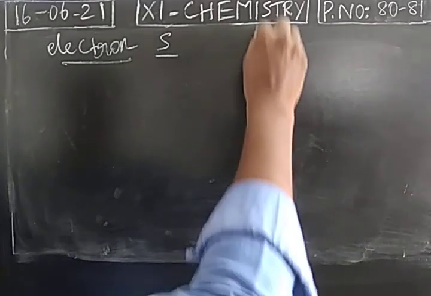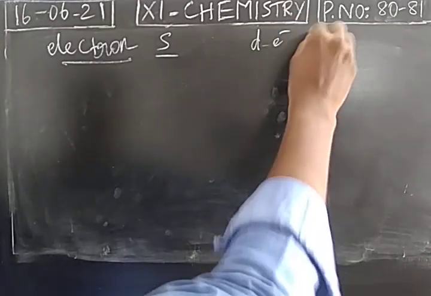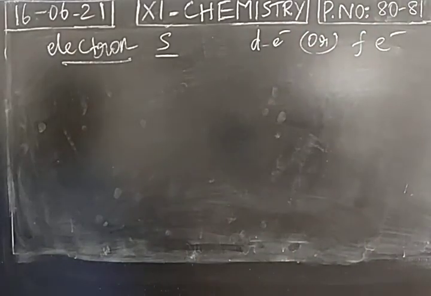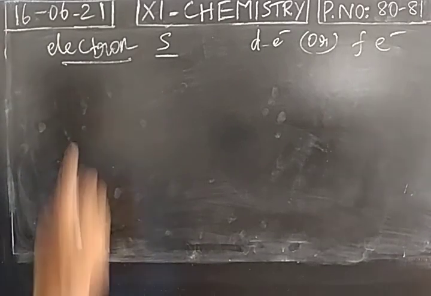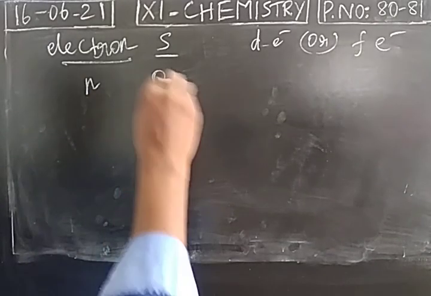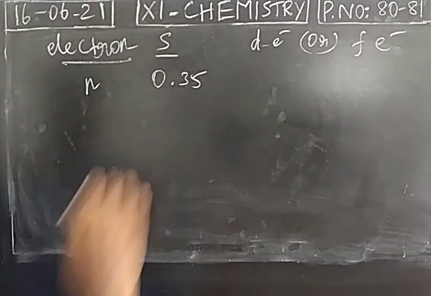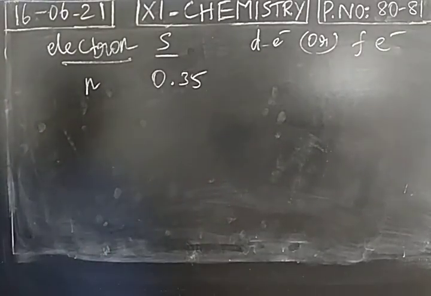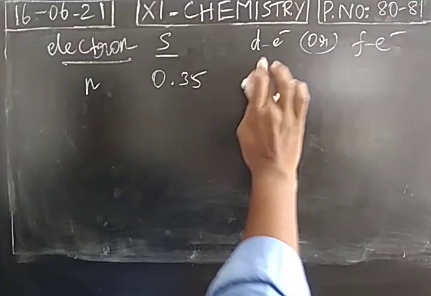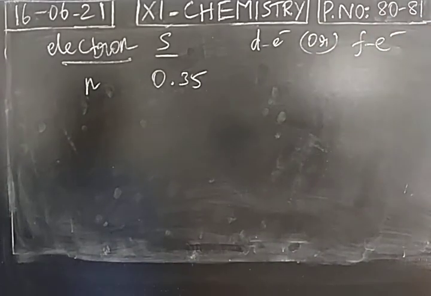When we select a D electron or F electron, the remaining electrons present in the nth cell will contribute the same 0.35 value towards the screening constant. Now we are not selecting S and P electron, we are selecting D electron and F electron for screening constant value calculation.